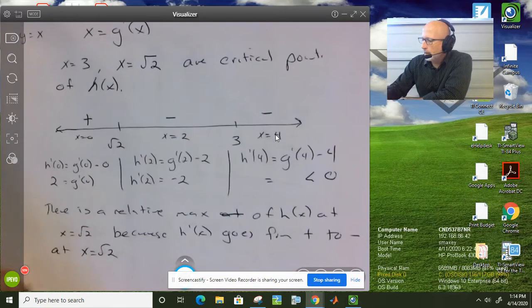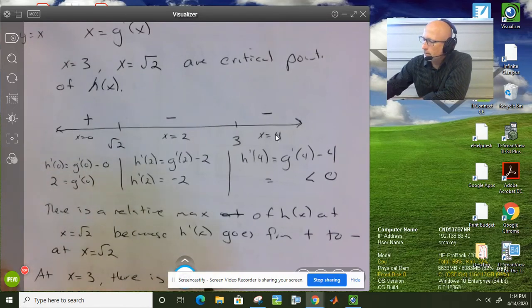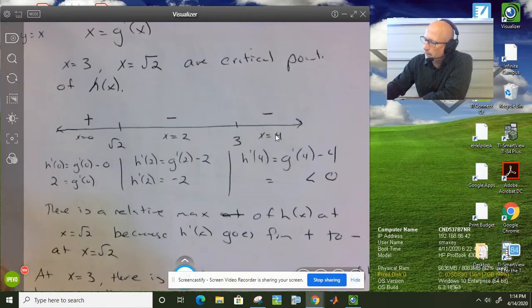Okay? And at x is equal to 3, there is neither a min nor max of h of x, because h prime of x goes from negative to negative at x is equal to 3.